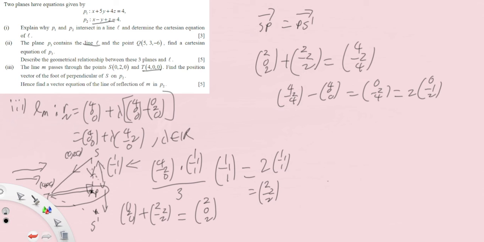So the equation of the line M, let's call it M prime: r equals a point on the line, (4, -2, 4). You can't factorize this out because it is an exact point. Plus, let's say I use lambda, I used T, so I'm going to use mu, times (0, -1, 2), where mu is a real number. So that is that for this question, and I'll catch you guys later.